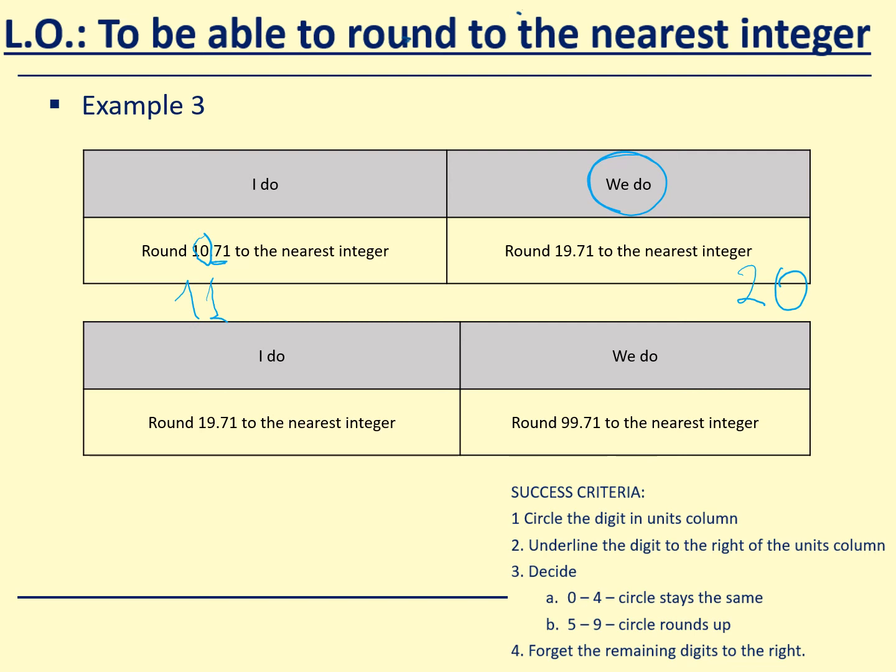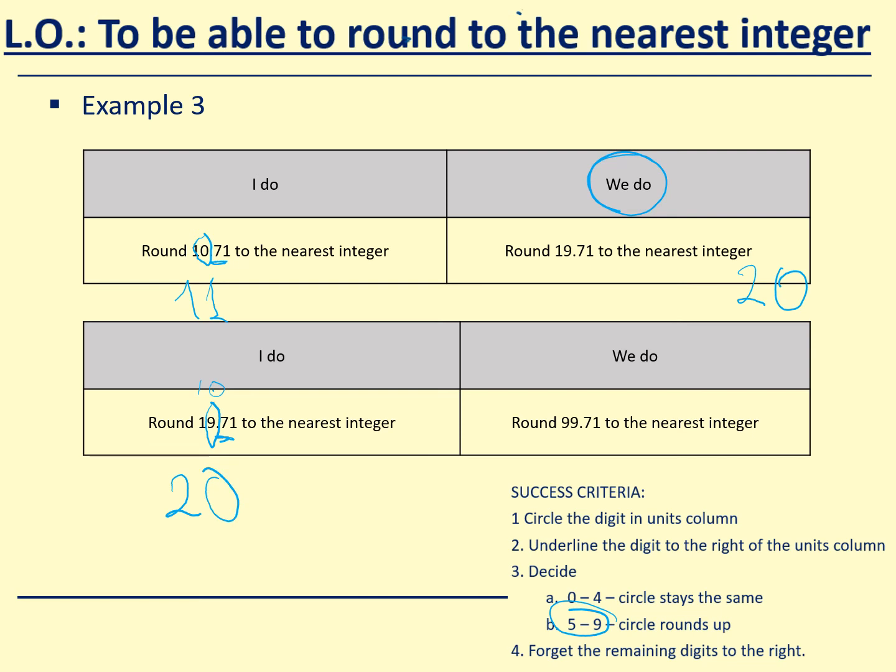Round 19.71 to the nearest integer. Again, I've got 9. Digit after that is 7. So the circled digit gets rounded up. So 9 becomes 10. So I need to move on this one to the next column. So added on, it's going to be 2. 9 will become 0.